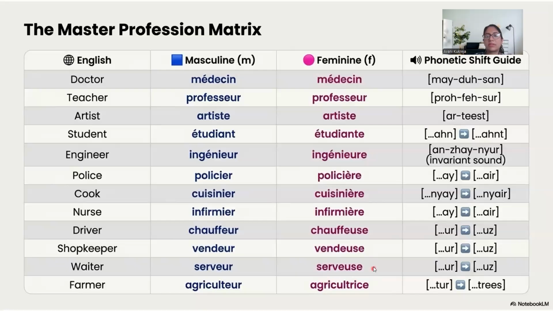Feminine is serveuse. Farmer is agriculteur. Feminine is agricultrice. Take 30 seconds to quickly learn these professions right now. We'll do an exercise around it.